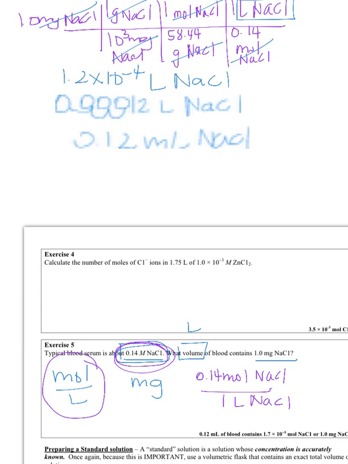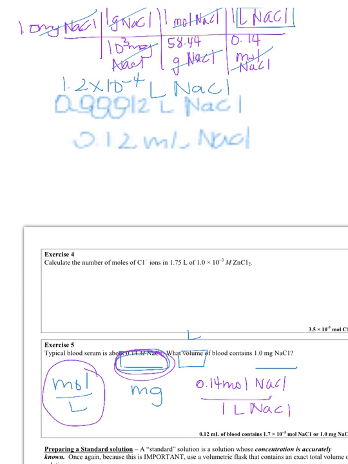Option number 2, we go back and we use the same formula for concentration that we've been using. Moles, liters, plug in what you know, 0.14 molar. I don't have moles, I have milligrams.